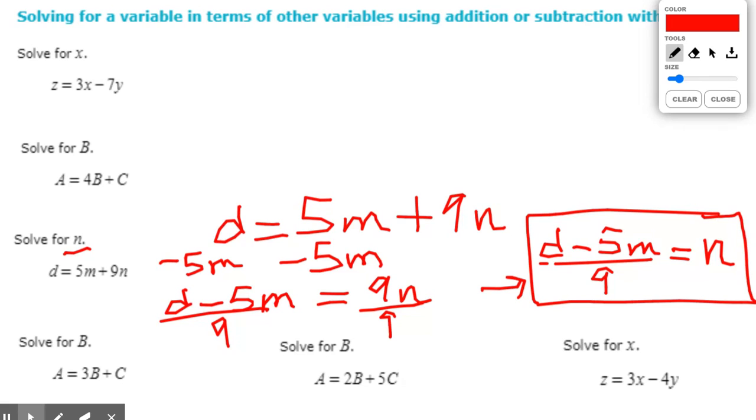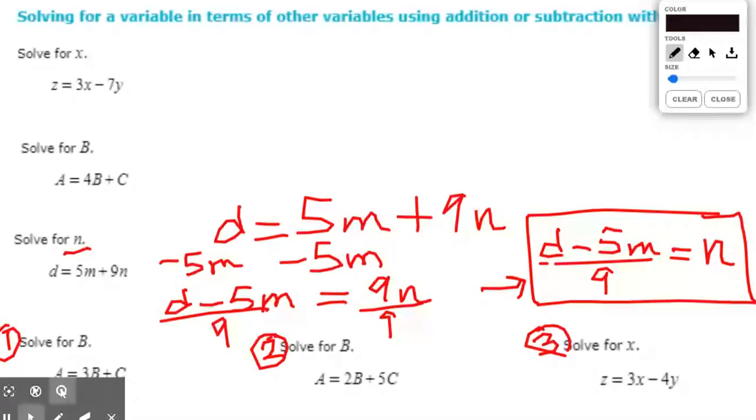Now I'm going to give you guys a chance to practice. I want you to solve for B here, for B again here, and for X here. Okay, for number 1, B is going to equal A minus C divided by 3.